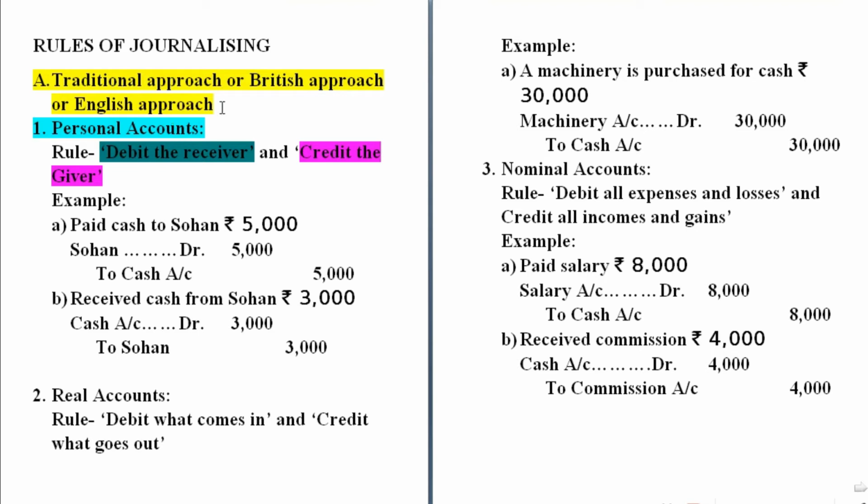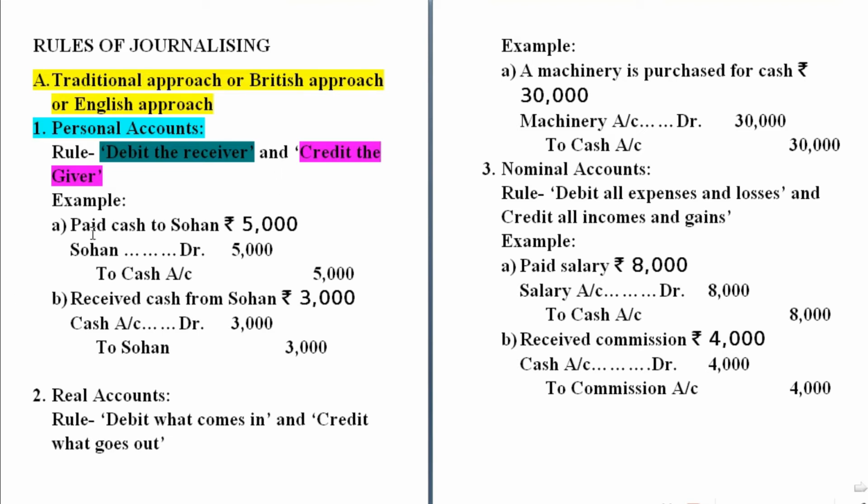Okay, now let us look into the example to understand it better. Here the first question says: paid cash to Sohan rupees 5,000. So here there are two accounts being affected, but since we are learning about the personal account and we are following the rule debit the receiver and credit the giver, we will focus only on the personal account.